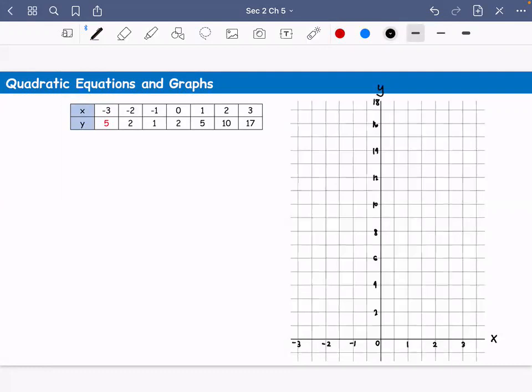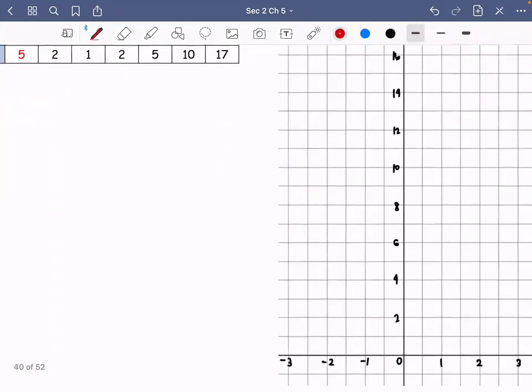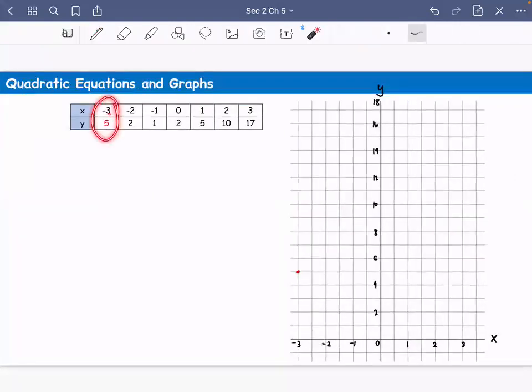Now let's graph the following points. Okay, so we have -3 and 5, so it's here. Okay, and then do we draw the line now? Yeah, no, it's not a line. It's a curve. Okay, so the first point, -3 and 5, is over here.